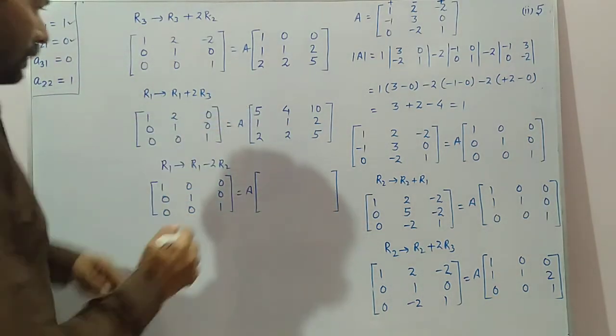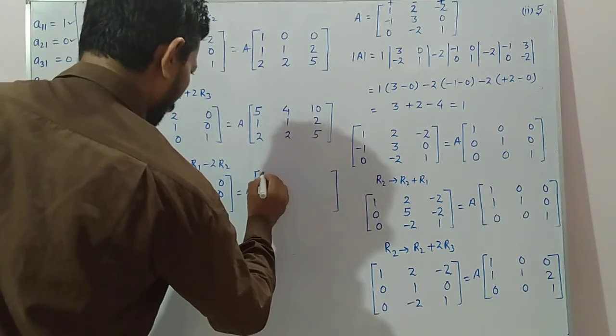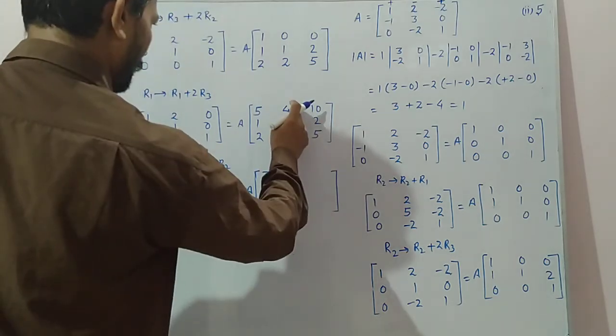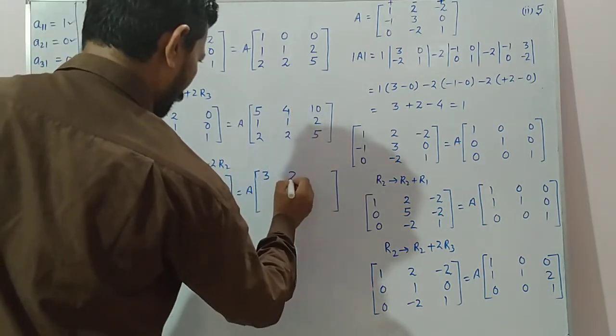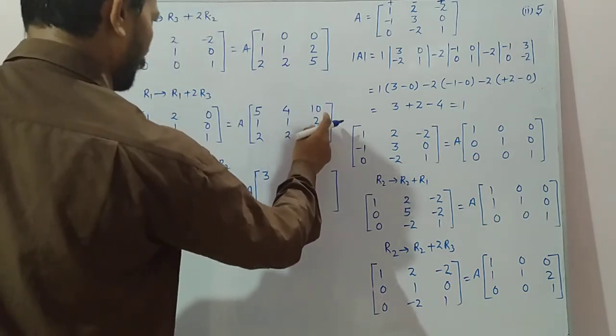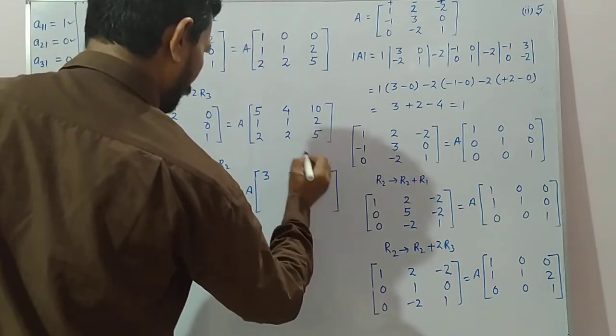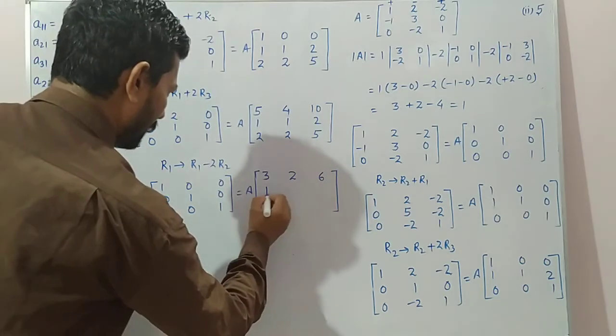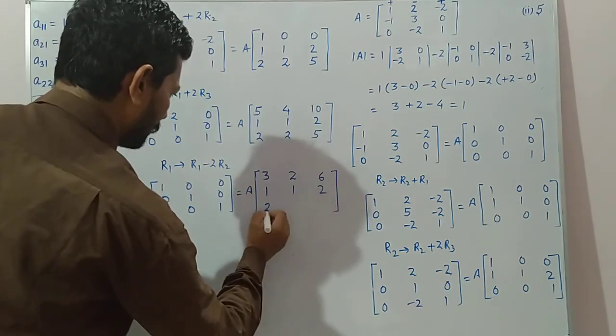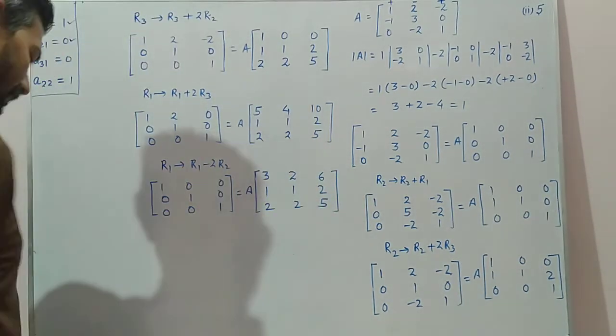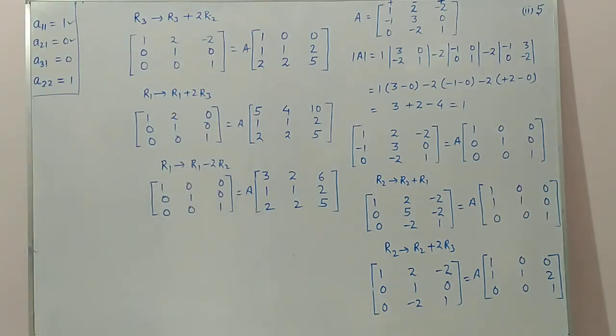On the right, R1 minus 2 R2: this is 3, then 5 minus 2 is 3... the entries come to 3, 2, 6. 10 minus 2 into 2 is 4, so 10 minus 4 is 6. Then 1 1 2, 2 2 5.